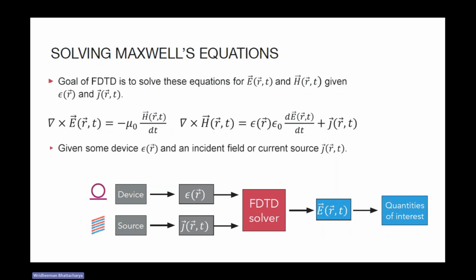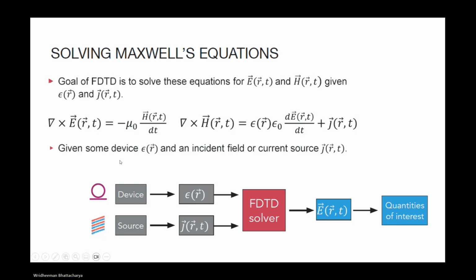If we know those, we just want to see how the electric and magnetic fields are altering. For a given device which we know, we are seeing how the material behaves if we shine light on it, right? This is the principle upon which we are working.